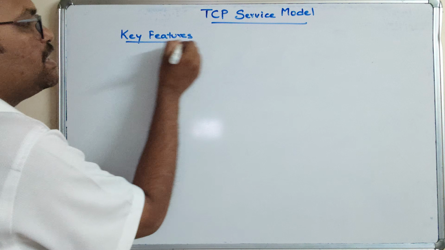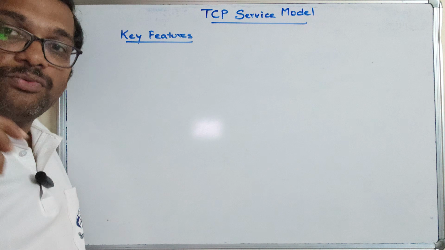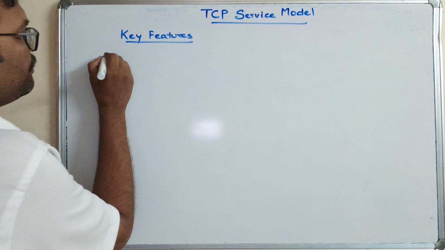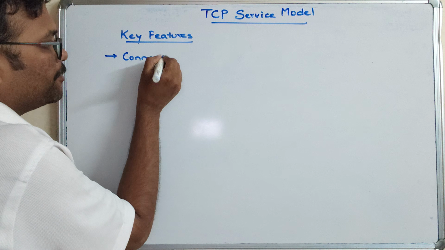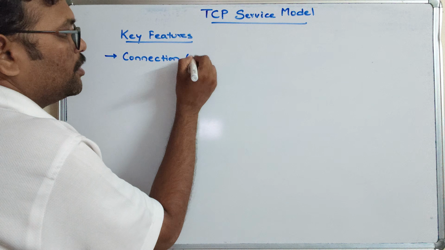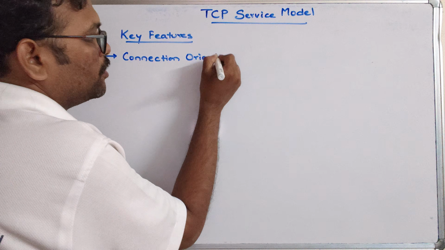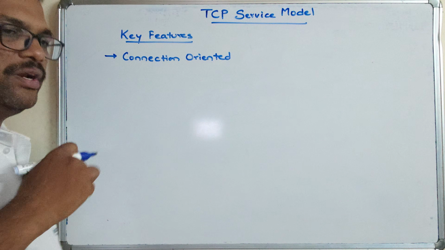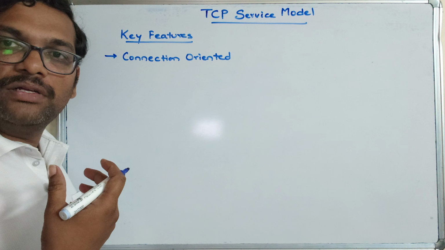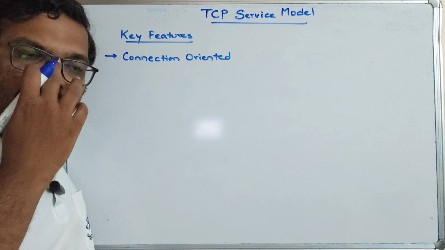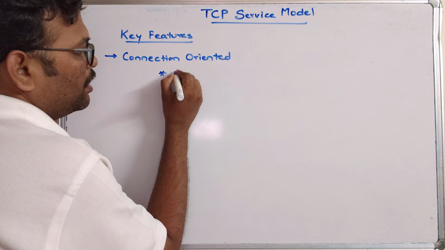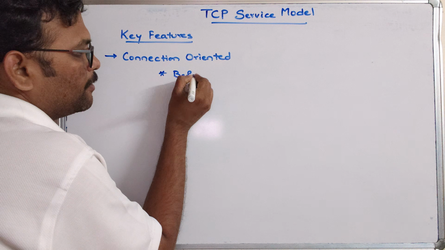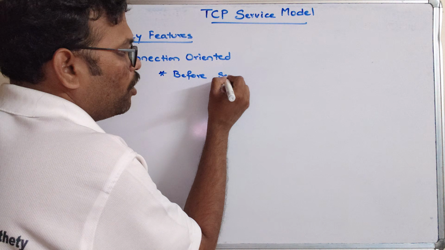The first one: this TCP protocol is a connection oriented protocol. So the first key feature is connection oriented. Connection oriented means that before sending or receiving data, the connection should be established.